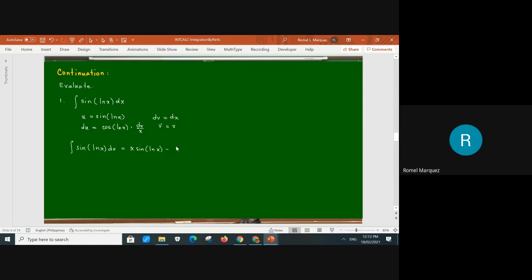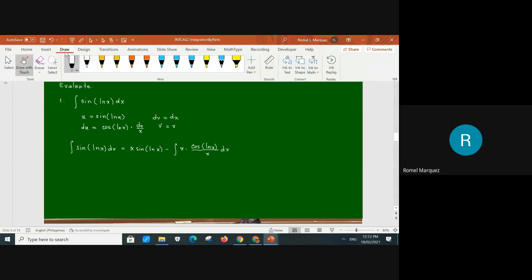Minus the integral of x times cosine of ln x times dx over x. So if I multiply this with this du, we get x again times cosine of ln x over x dx, no?